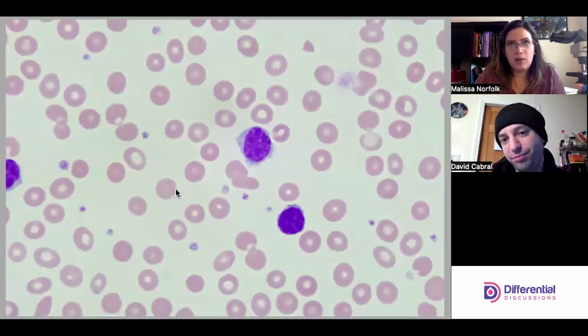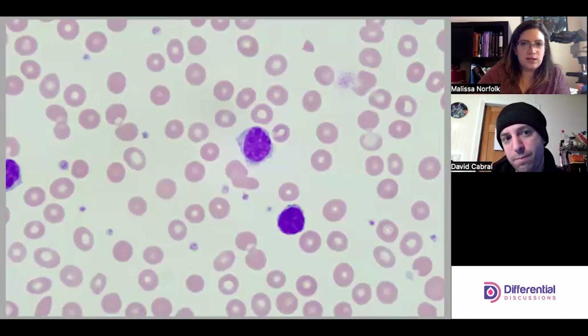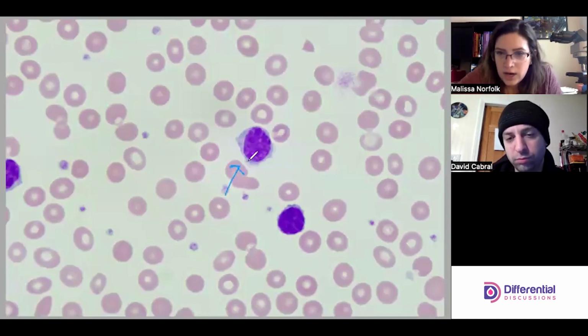The big problem with hairy cell is that you're going to have such variability in calling. This is a hairy cell and these are your hairy-like projections. This whole thing right there, that is the hairiness.